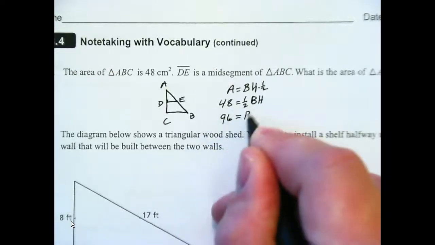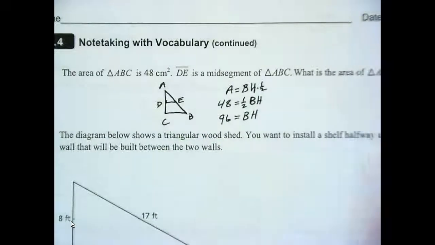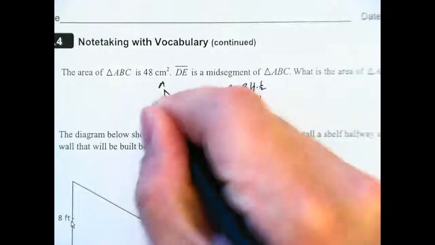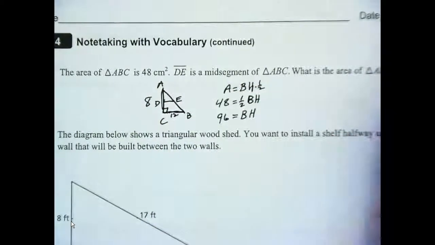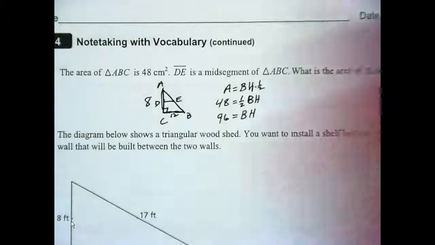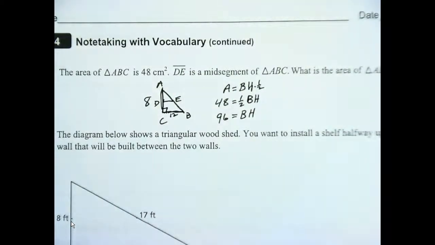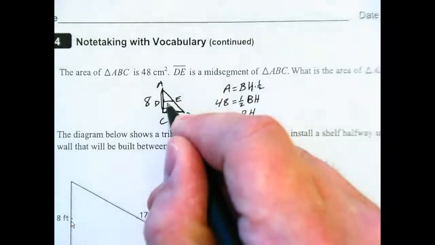What two numbers multiply to make 96? Yeah, like 12 and 8. So let's say I label this 12, and this length up here 8. So my height is 8, my base is 12. I don't know for sure those are the exact numbers, but they're possibilities. Well, I know a midsegment, if this is 12, what's this?